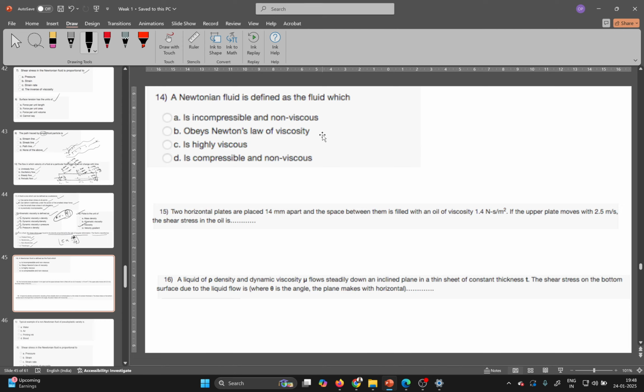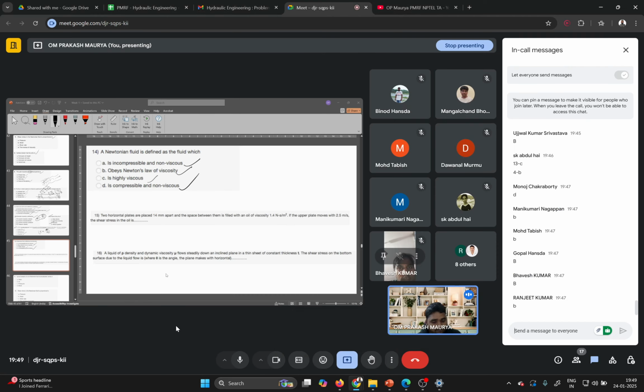Now we'll move on to question number 14 in this slide. A Newtonian fluid is defined as a fluid which is incompressible and non-viscous, obeys Newton's law of viscosity, is highly viscous, or is compressible and non-viscous. You need to think about the definition of a Newtonian fluid. Kumari is telling option B, obeys Newton's law of viscosity.